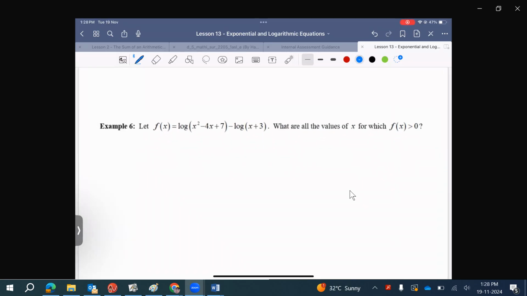Okay, so now it gets a little bit trickier. We've got an inequality to solve here on this one.